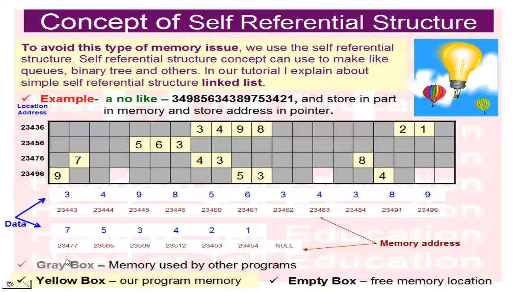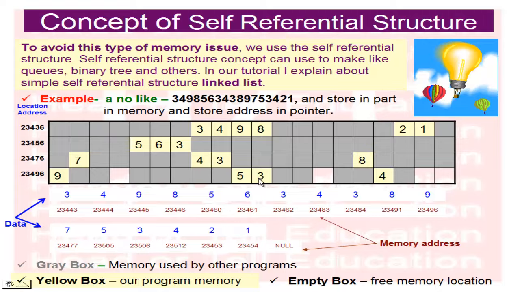Now 7 finds memory location 477, and 5 finds memory location 23505. Again 5, then 3 at location 506.